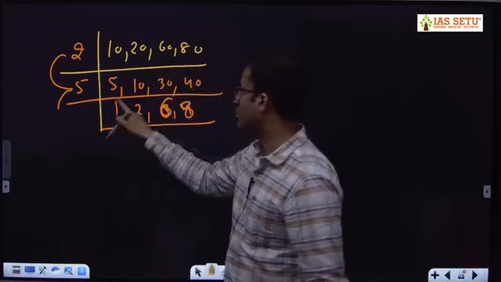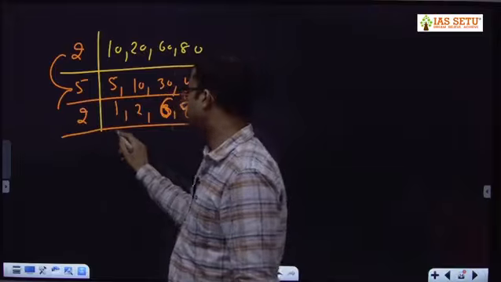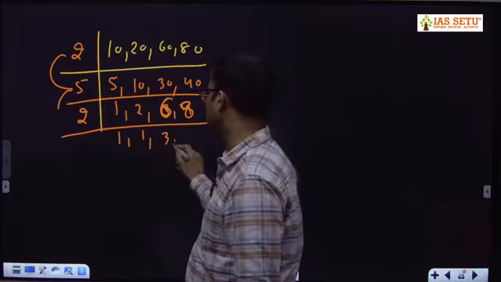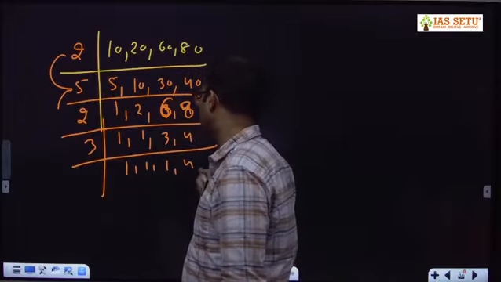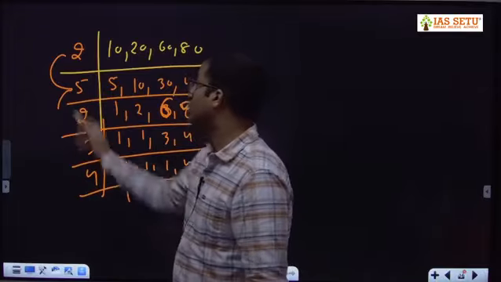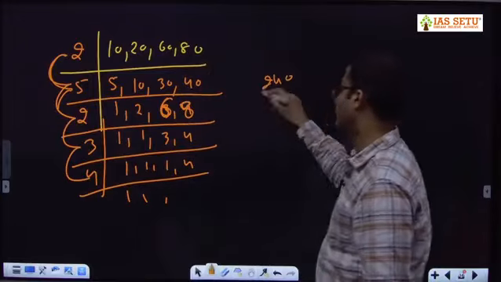When I take 5 common, it will be 1 2 6 8. 2 common, 1 1 3 4. 3 common, 1 1 1 4, 4 common. So it is 2 into 5 into 2 into 3 into 4, which is 240.